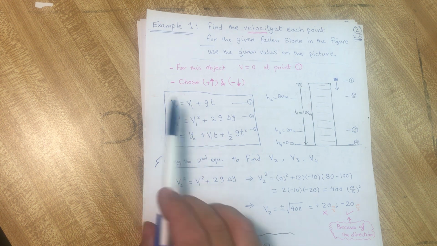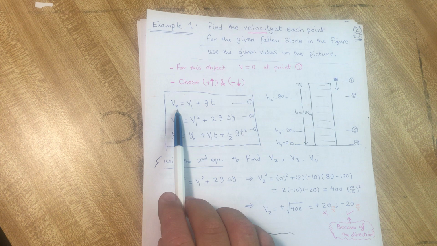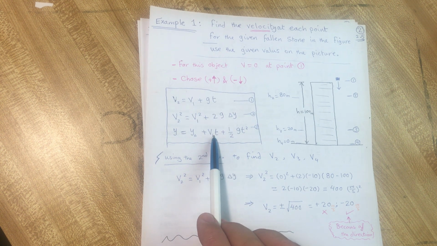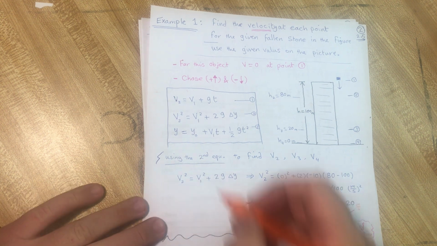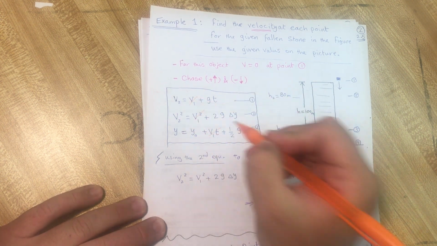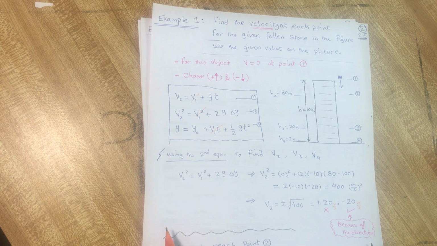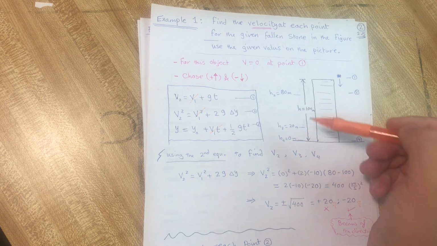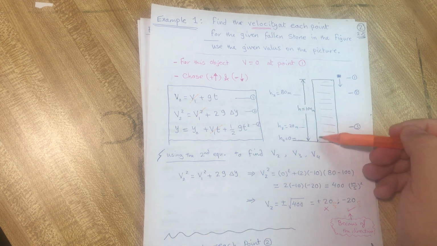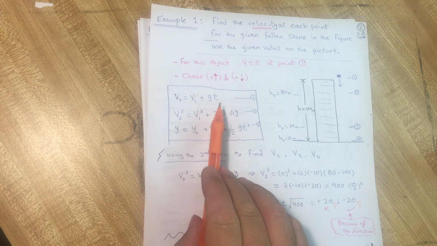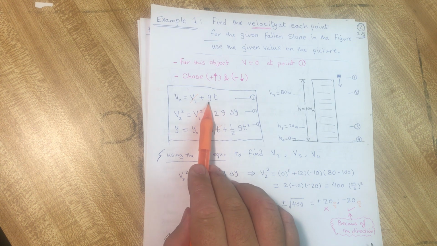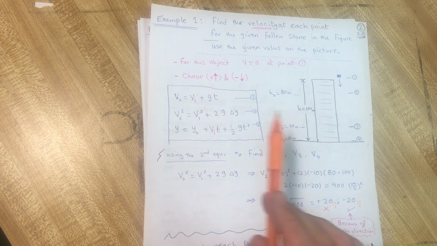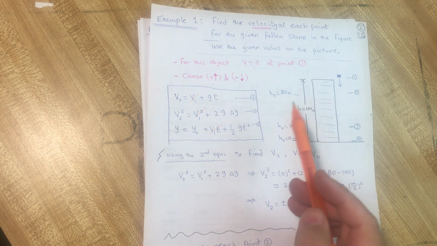Let us look at the first equation. v2 is equal to v1, and v1 is 0 for all of them, so this term is 0, 0, 0. 0 multiplied by t. Y initial is 100, it's given. But in the first equation, we know g, the acceleration, which is negative 10. We can use negative 10, or negative 9.8, it's okay.